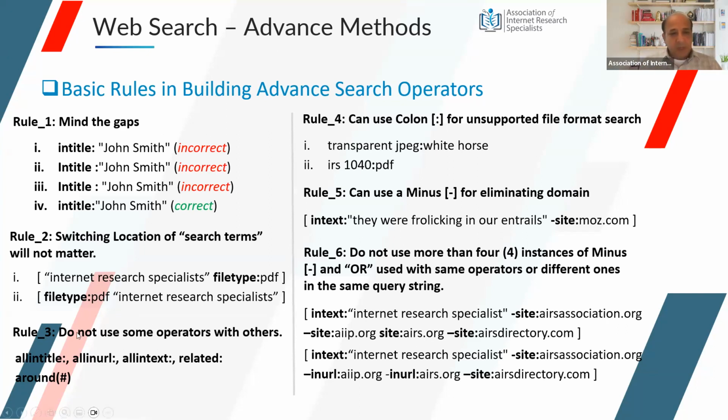In number 3, some operators don't function with other operators. They are called absolute commands or absolute operators that cannot coexist with any others. For example, all in title. Anything that has the word all in it usually means that the territory belongs to this one operator to work in the query.